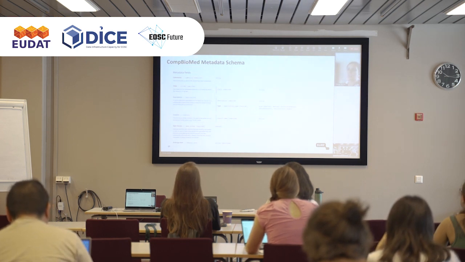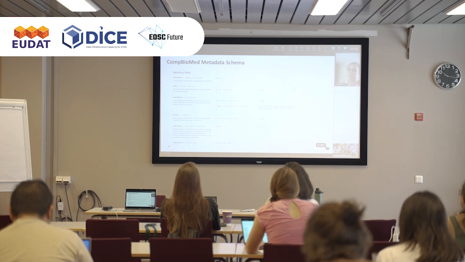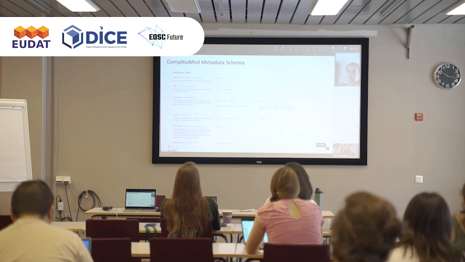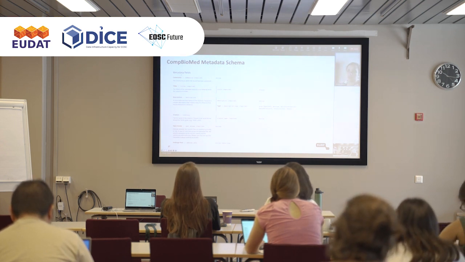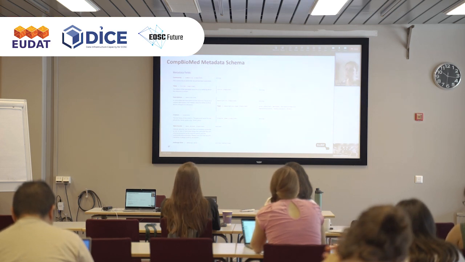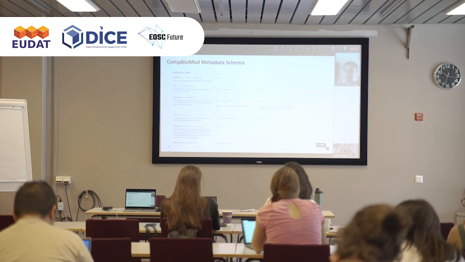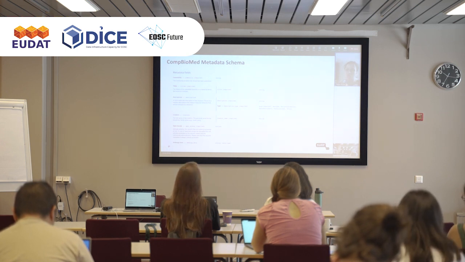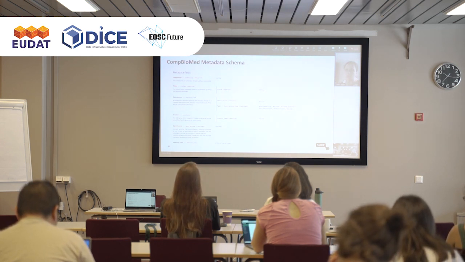what is very interesting is the metadata, the Combiomed metadata schema, which you see if you click on it. You will see the metadata fields. Some of the metadata fields are just generic, like what you get in Dublin Core, like what is the community, what is the title of the record that you want to publish, creator, description, and whether it is open access or not.